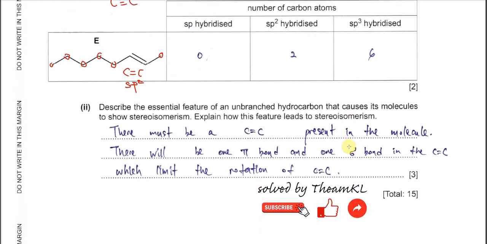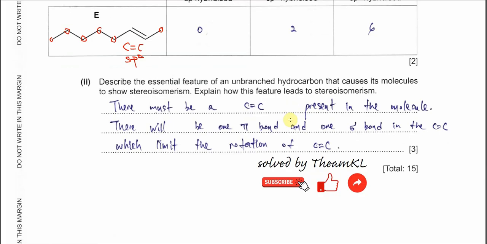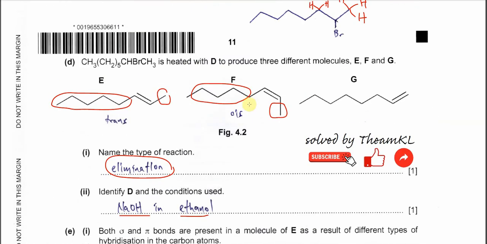Part 2. Describe the essential features of an unbranched hydrocarbon that causes its molecules to show stereoisomerism. Explain how this feature leads to the stereoisomerism. If it's unbranched, most likely it must depend on the CC double bond, like this, like the E and F. As you can see here, the trans and the cis isomer.